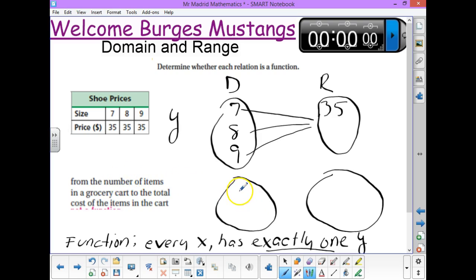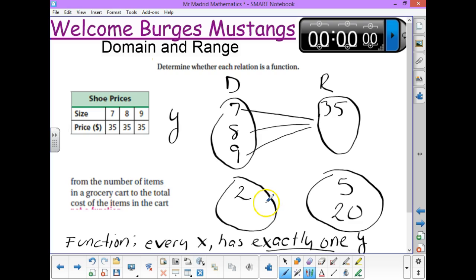Let's pick, I don't know, somebody has 2 items in the grocery cart, and somebody has two small items, paying $5. Two larger items, they're paying $20.